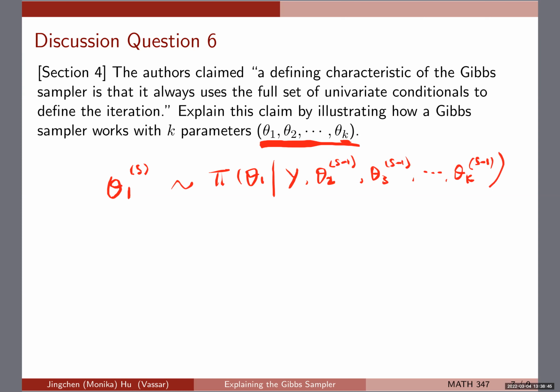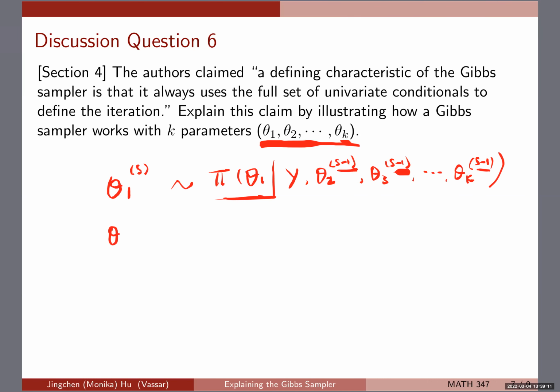So we write it this way. Of course, the full conditional posterior distribution is something that you derive, and then you figure out what it is. And for us, we need to make sure that all of the other thetas other than theta 1 are coming from the previous iteration values. Make sense?